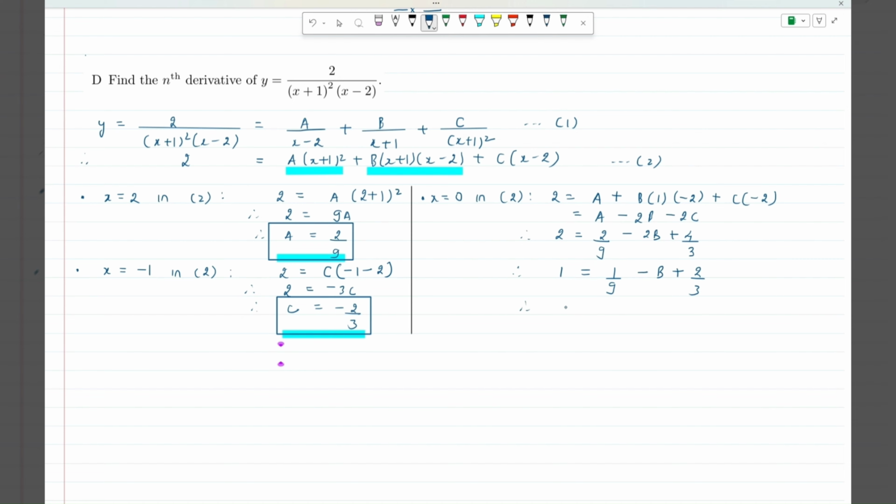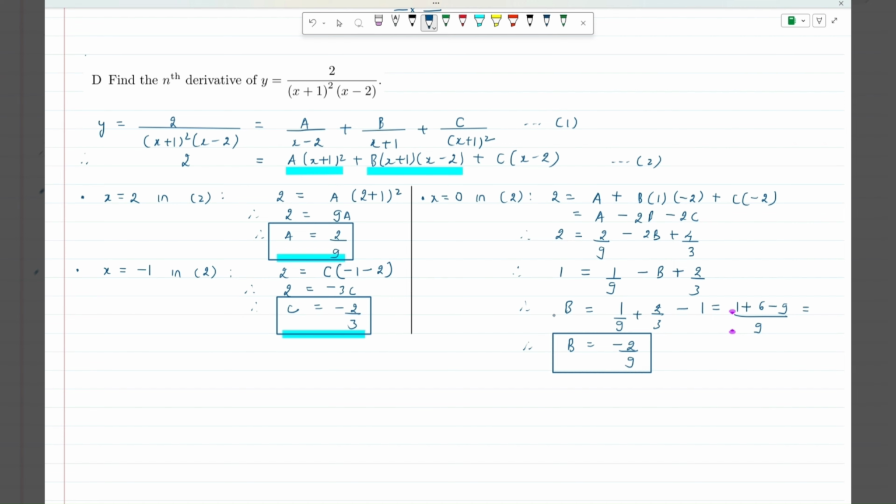So from here we get that b is equal to 1 by 9 plus 2 by 3 minus 1. So that simplifies to (1 plus 6 minus 9) over 9, and that is going to give us the final value of b, which is going to be negative 2 over 9. So we have got the values of a, b and c.